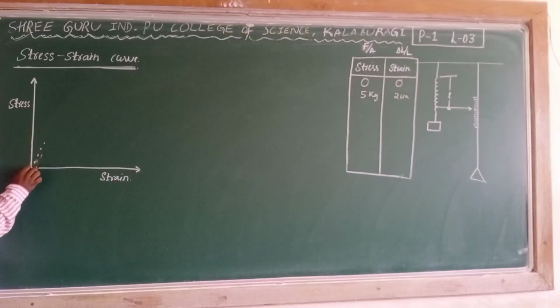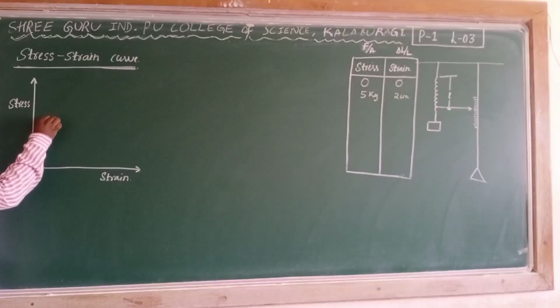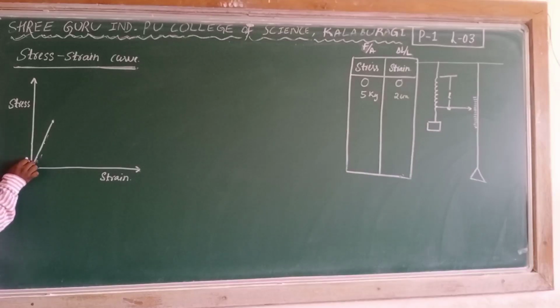We continuously applied a stress. The strain is acting on that steel material at this particular point. At this particular point we applied a stress and the strain is developed on that particular body.